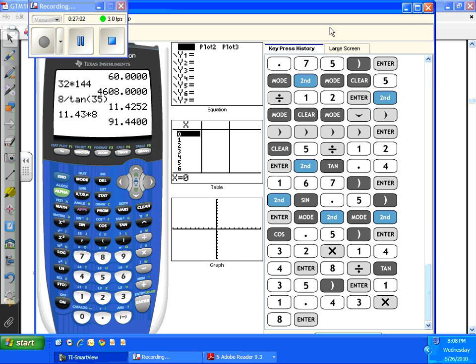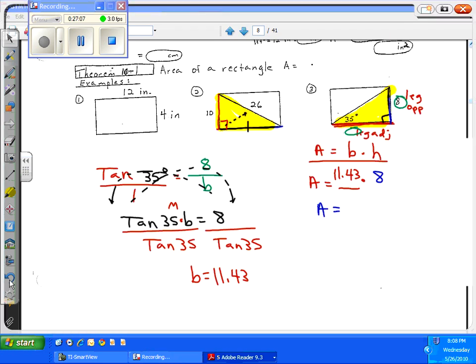But anyway, 91.44 for the area, or somewhere thereabouts. I've got 91.2 in the teacher's edition because I rounded to 11.4. So if you never round until the very end, you're going to be more and more accurate, okay?